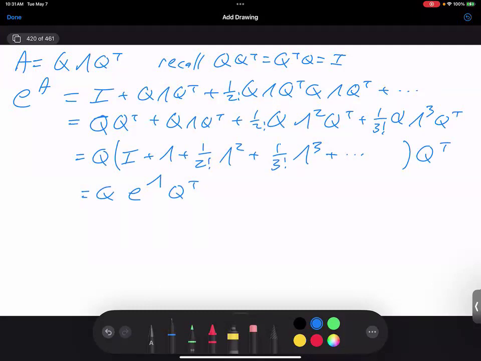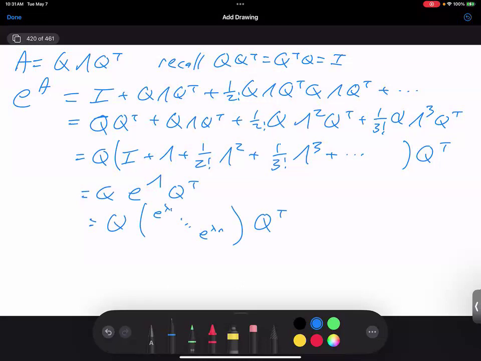But if lambda is a diagonal matrix, this is just Q times the diagonal matrix with e to the lambda 1 through e to the lambda n, times Q transpose. So if the matrix can be diagonalized, we can calculate e to the A very easily.